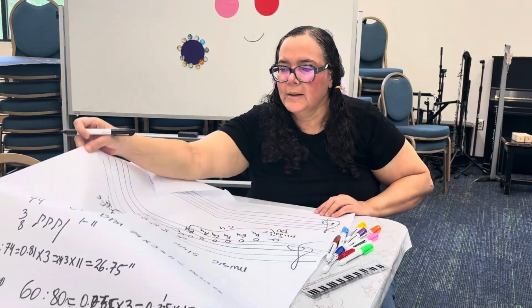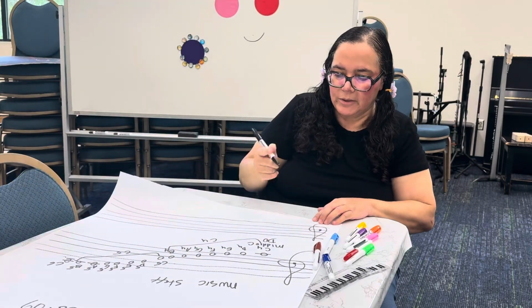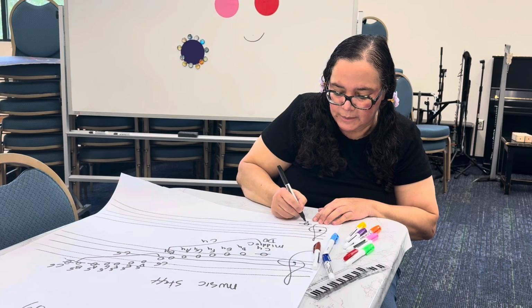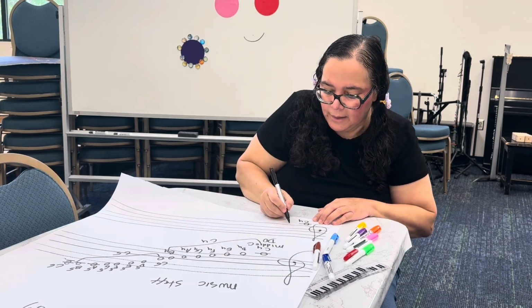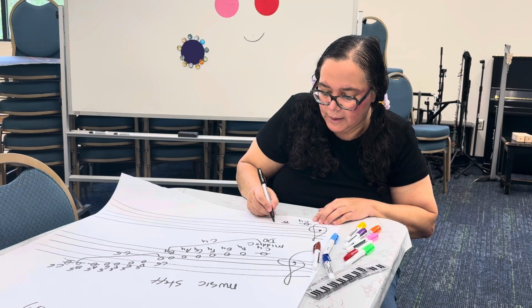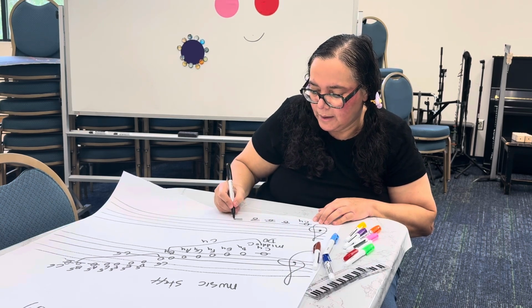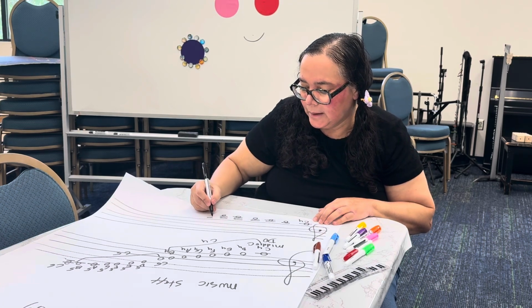So below the music staff, you start on the middle C, that is C4. C4. I'm going descending. So C, B, A, G, F, E, D, and C.